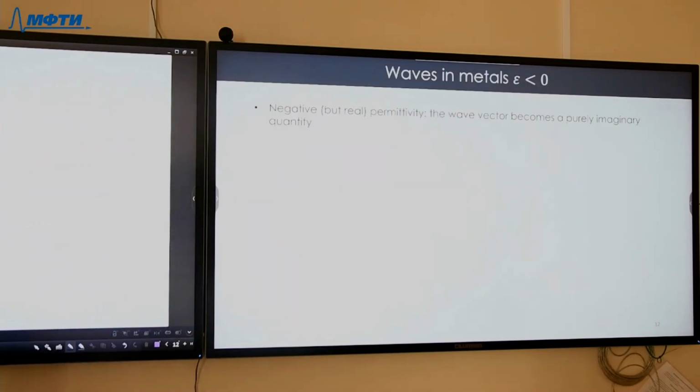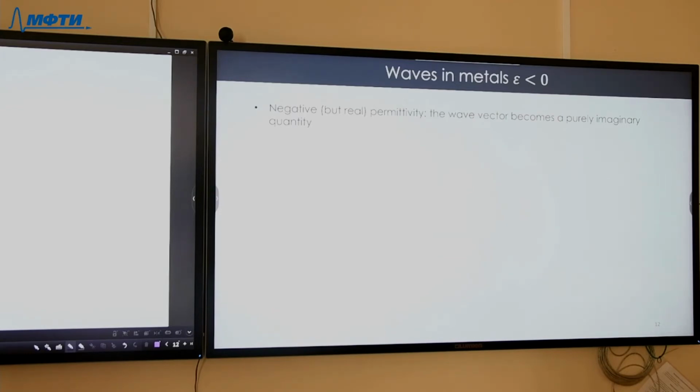Okay, so we have covered the cases of positive epsilon, mu, and zero epsilon. So what happens when epsilon becomes negative? Well, I think you are quite familiar with this case.